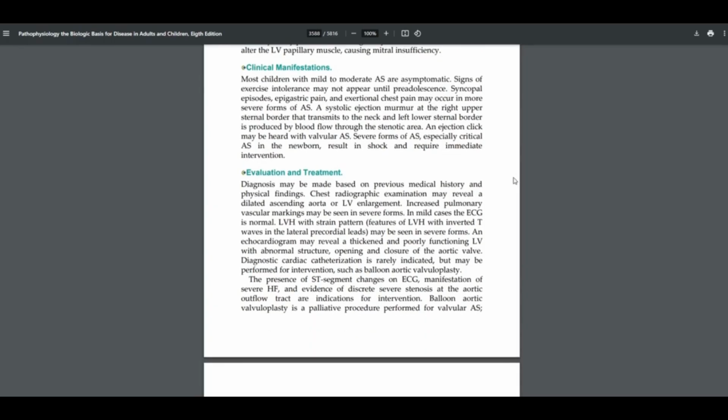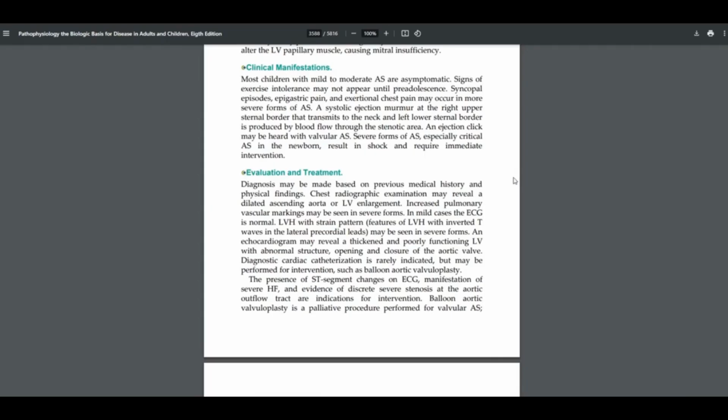Our clinical manifestations, then: most children with mild to moderate aortic stenosis are asymptomatic. Signs of exercise intolerance may not appear until pre-adolescence. Syncopal episodes, epigastric pain, and exertional chest pain may occur.